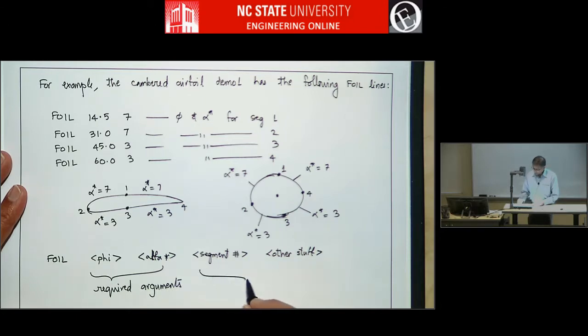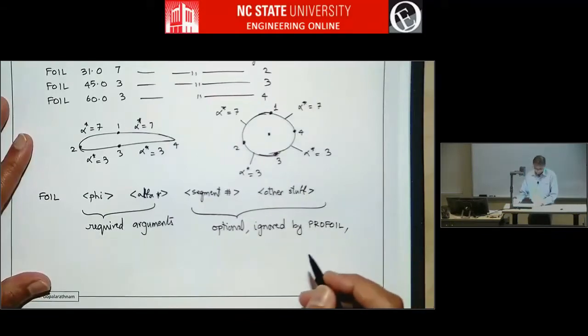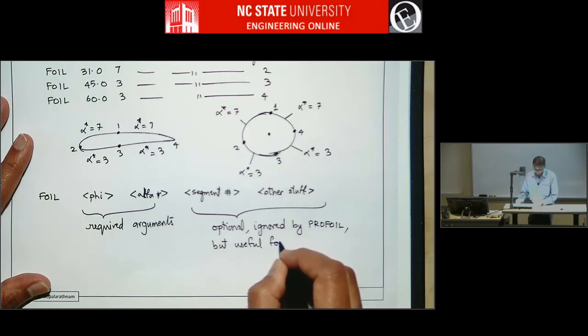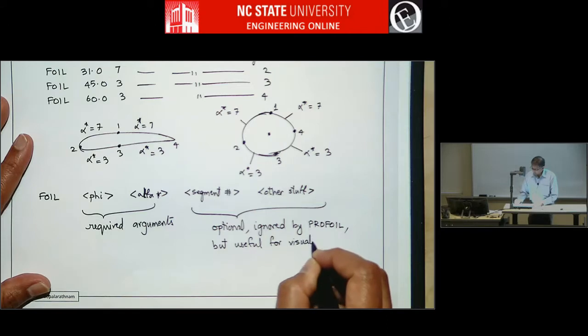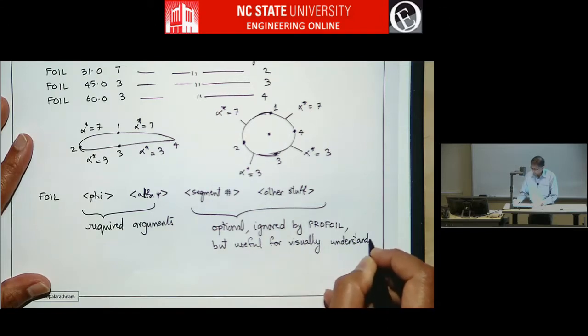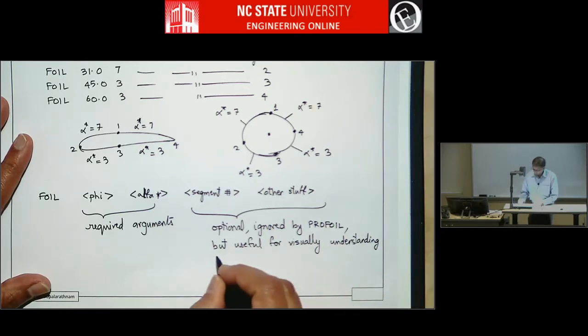And these are optional, ignored by Profoil. But sometimes you see these for visually understanding, when you're looking at a file, the phi and alpha star variation.